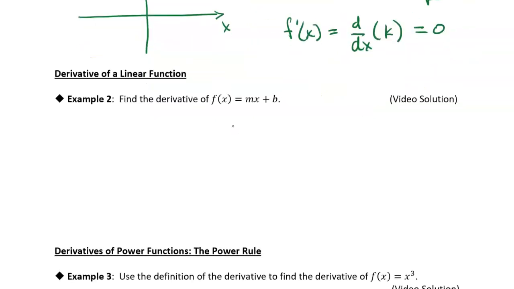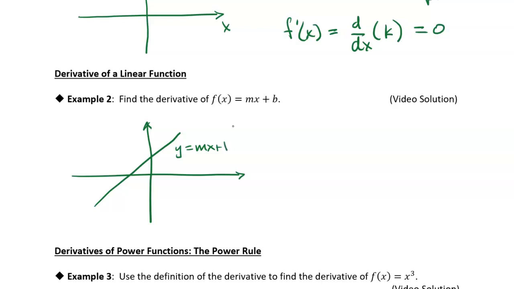So again, for a linear function, the general form is y equals mx plus b. So I can graph what that looks like. It's just a line that crosses the y-axis at b and has a slope of m. So this is y equals mx plus b.